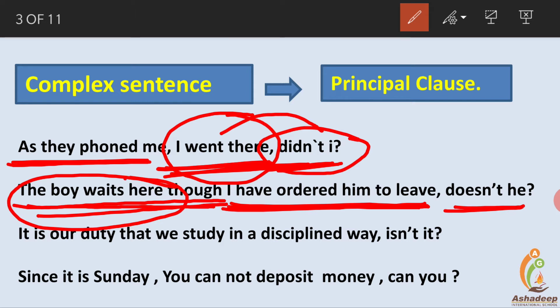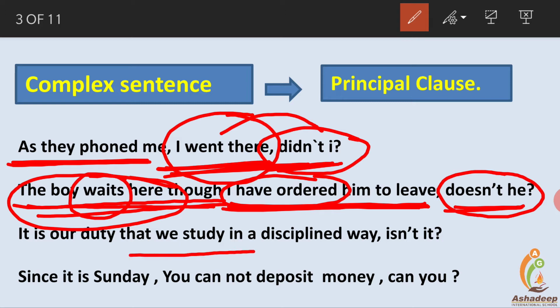Here waits is simple present tense, and that's why doesn't he, the boy. We will avoid I have ordered since it's not the principal clause. Next one. It is our duty that we study in a disciplined way.